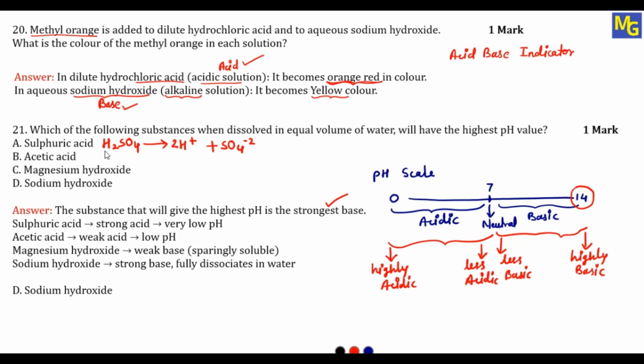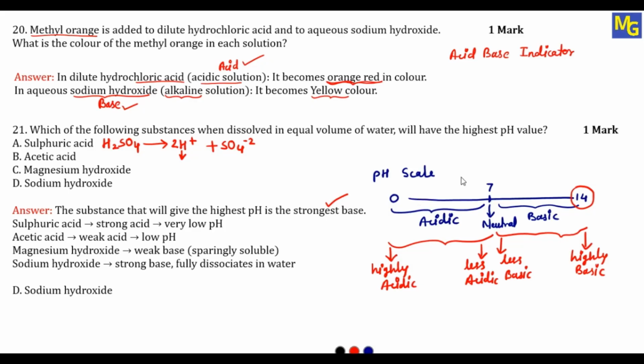Whatever amount of H2SO4 we take, all of it will dissolve and split to give more H+ and SO4 2-. Because of more H+, the pH value becomes less. The pH value will decrease. It will become 0, 1 or 2.